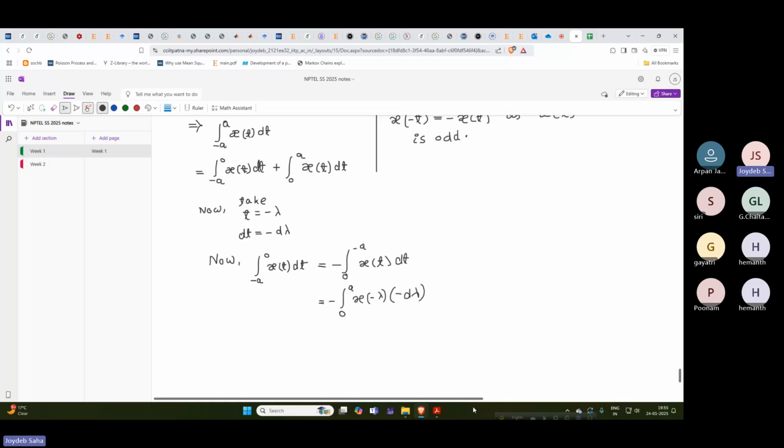Please take one more minute and try to understand this step. This is a very crucial step. It is similar to what we did in the earlier question. Still, take 1 or 2 minutes and try to understand this step. If you get any confusion in this step, you may ask.